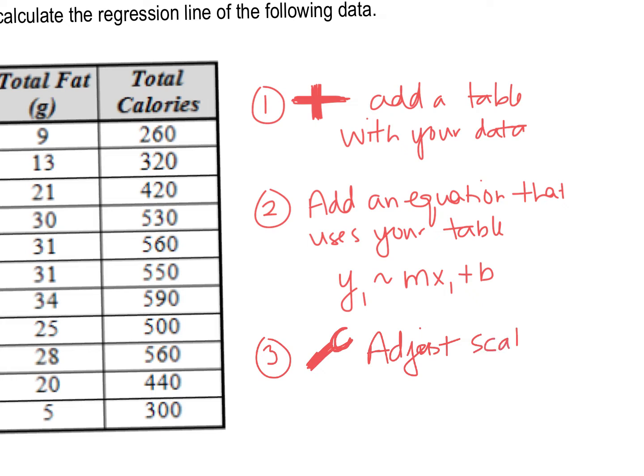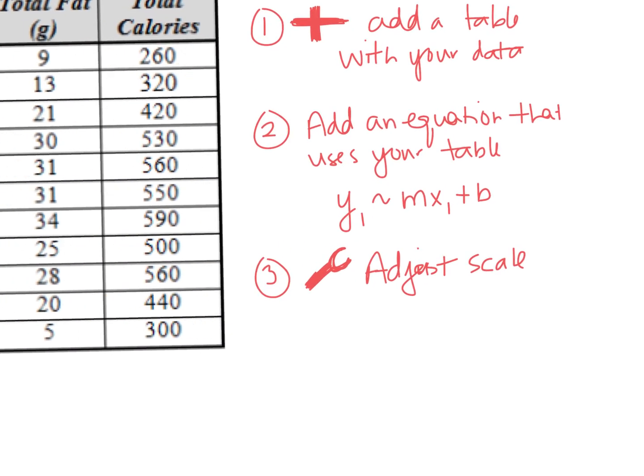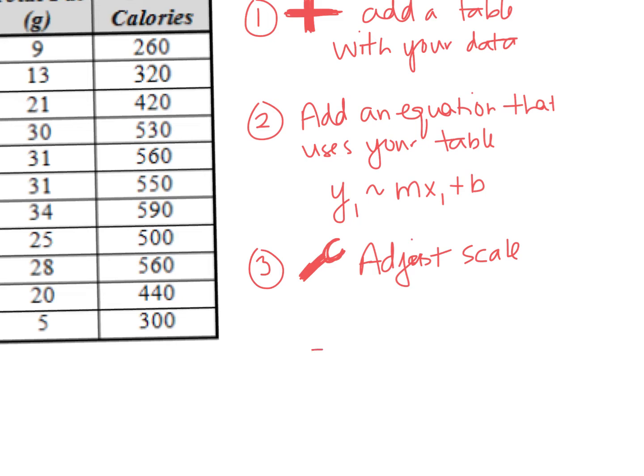So you would click on that and adjust the scale, and it's going to give you some options: less than or equal to x, less than or equal to something, and then an option less than or equal to y, less than or equal to something.